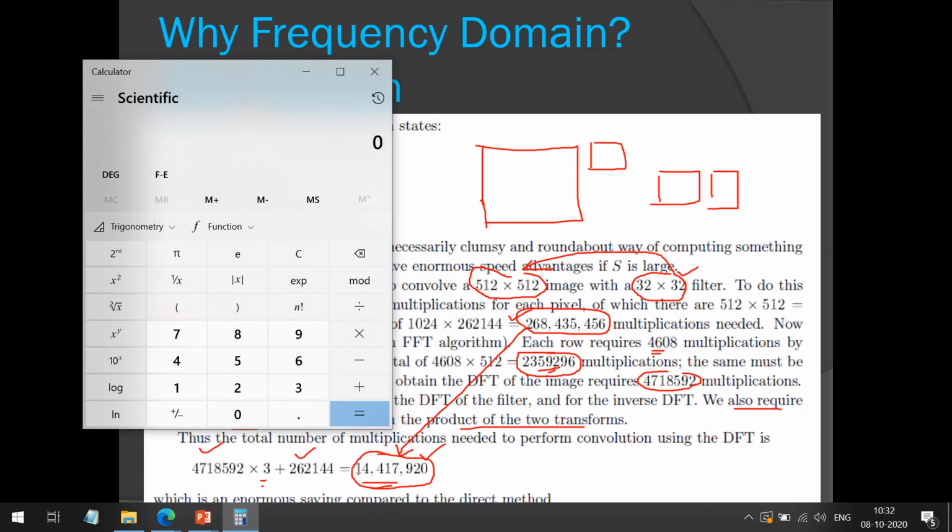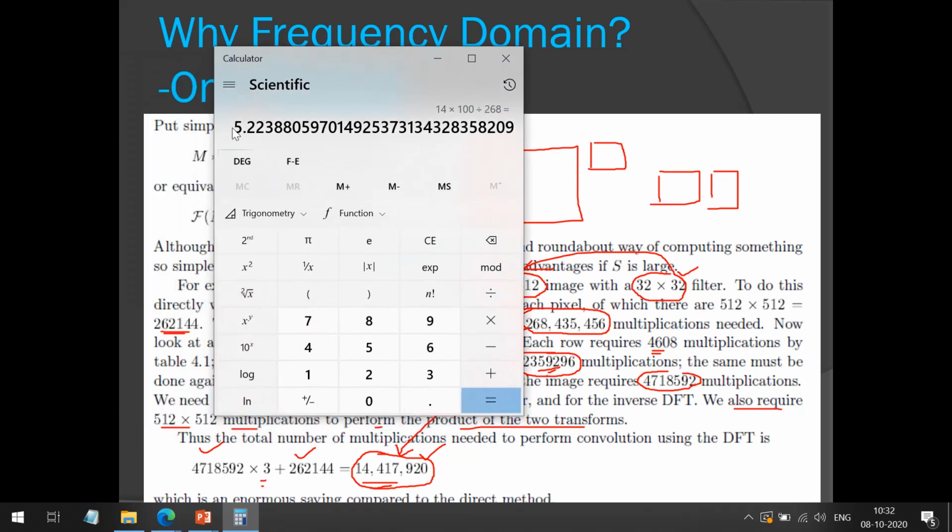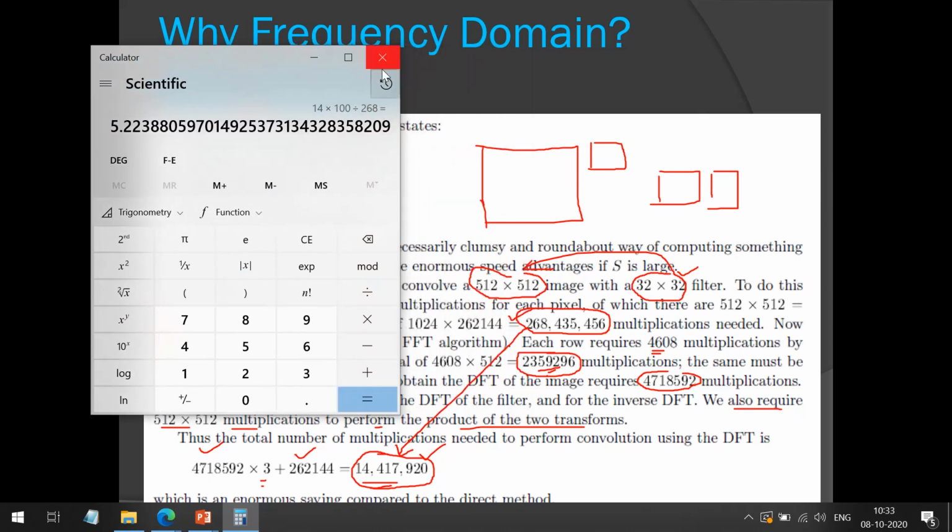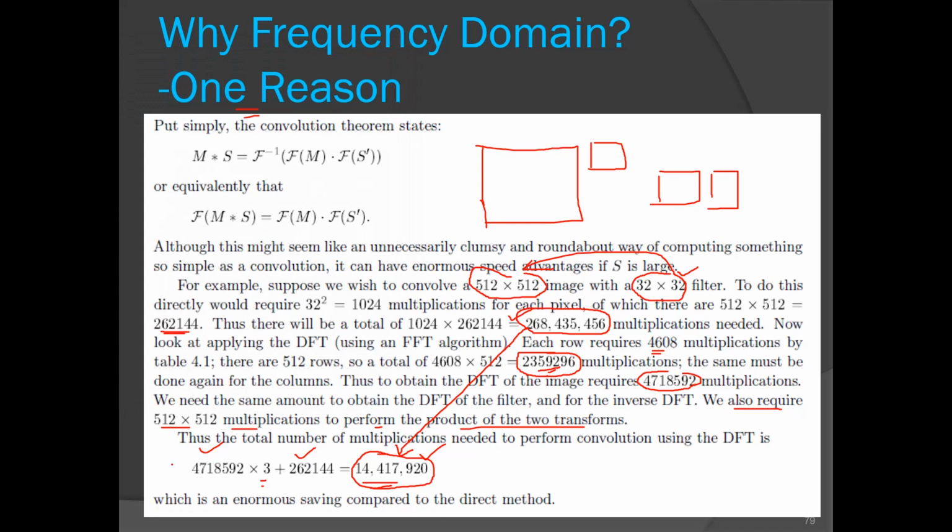Here we have 14,000 and here we have 268. So 14 multiplied by 100 divided by 268. It is just about 5% of that. So we have saved around 95% of the multiplications. That is the use of processing in the frequency domain.